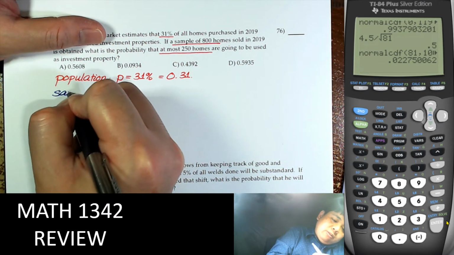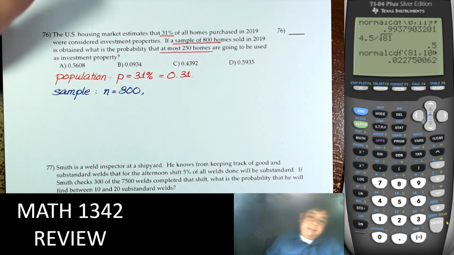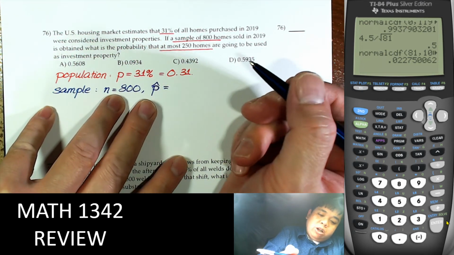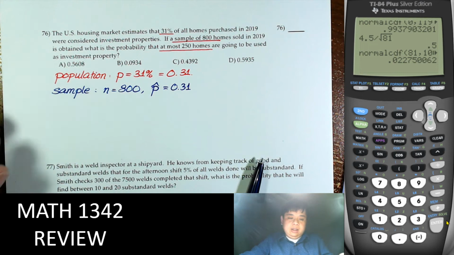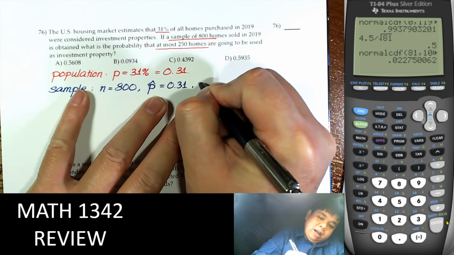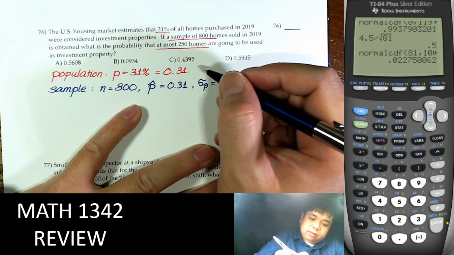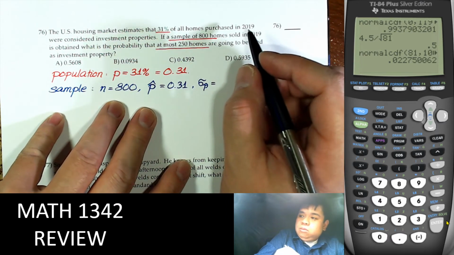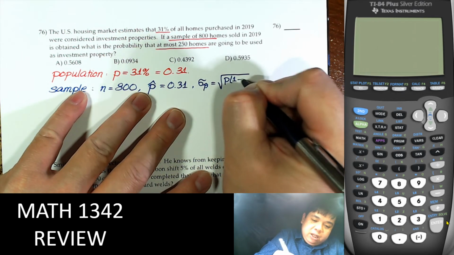And then for the sample of 800, the proportion of that is roughly 31% as well, and the standard deviation of that is the square root of p times 1 minus p over n.